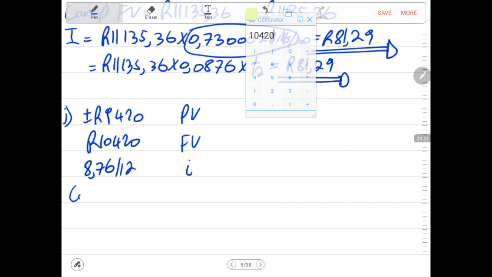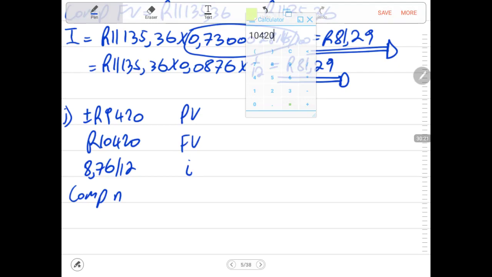Divide by 12. So now we say compute our n. Then after we compute our n, that will give us the answer from the calculator. We have 9,420 as our present value, then 10,420 as our future value. 8.76 divided by 12 is our I. We compute our n.